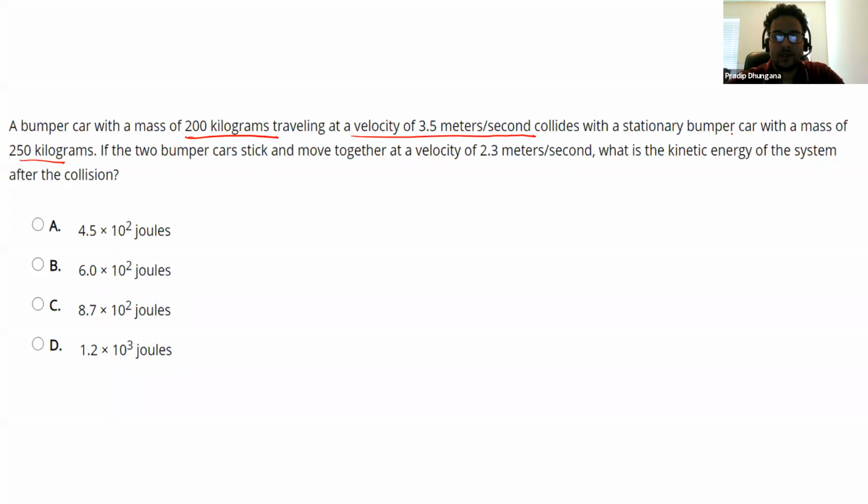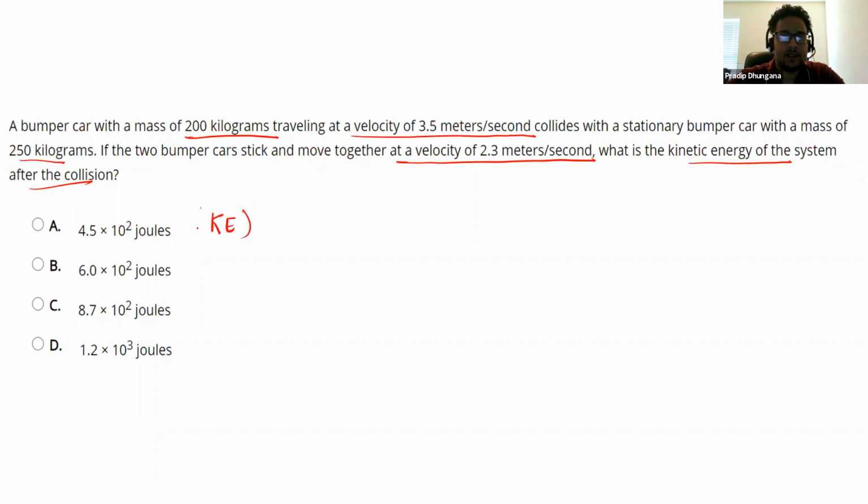So the velocity of that stationary bumper car is 0. If the two bumper cars stick and move together at a velocity of 2.3 meters per second, what is the kinetic energy of the system after the collision?